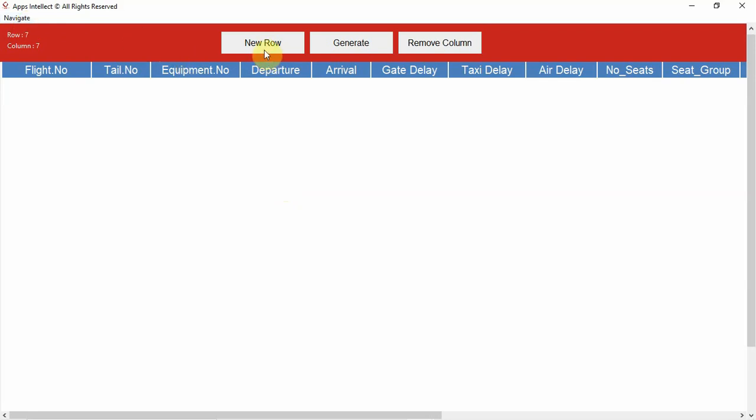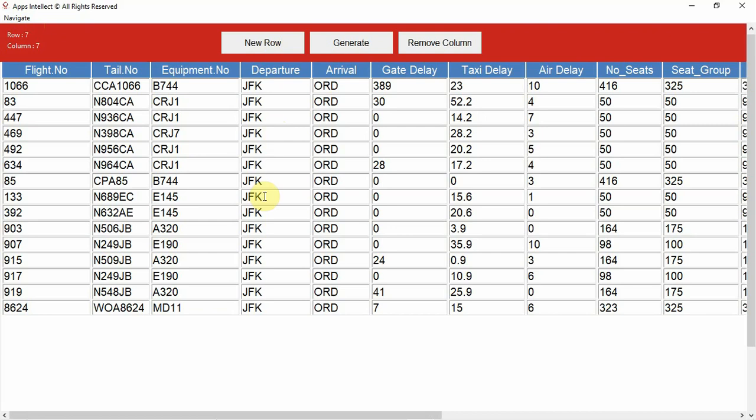So we click on the new row. These are the input data. These are different flights. We are taking a scenario with historical data, which has flight performance data of 7th July 2007. This is departure from New York to Chicago, that is JFK to ORD. And these are the flight numbers. These are the tail numbers.